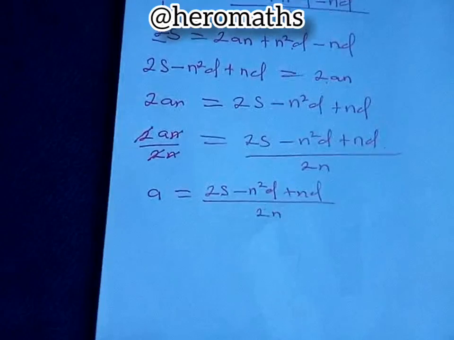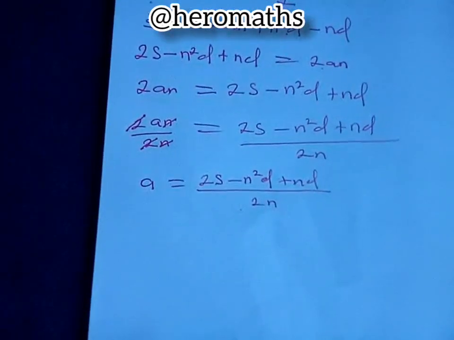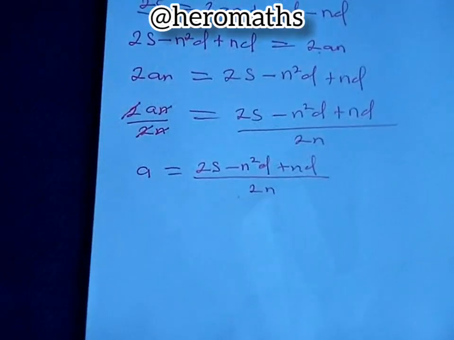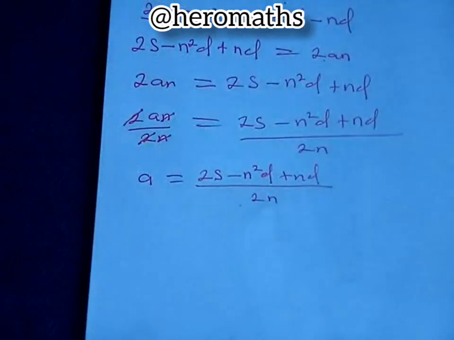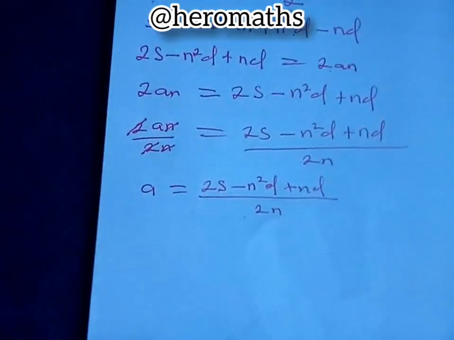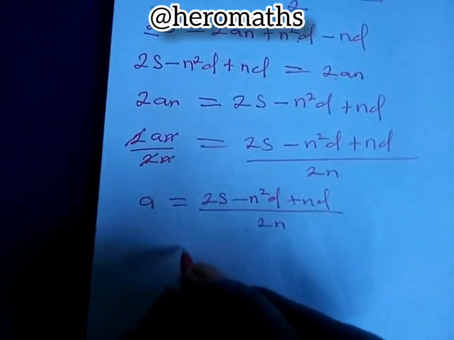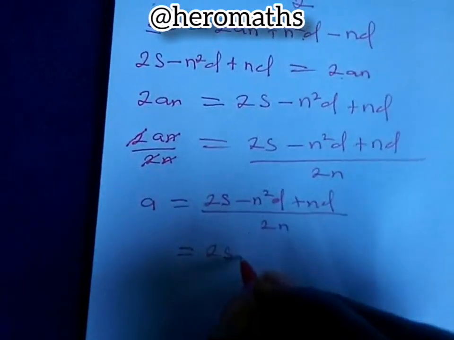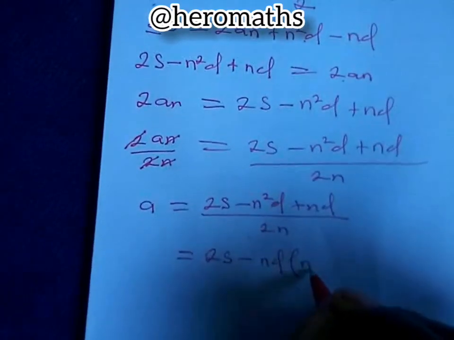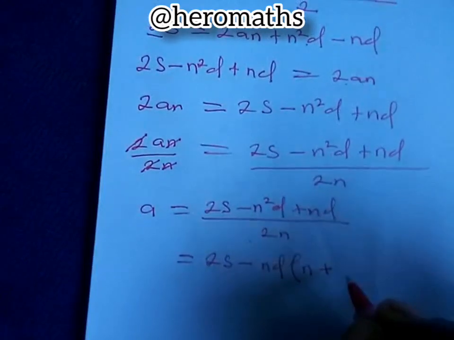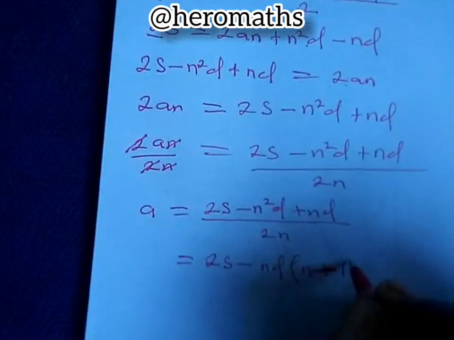Though a is standing on its own, if you look at the front, we can still factor something. So let us see how we can do the factorization. What is common here and what is common here? n is common, d is also common, so we can have this as 2s minus nd open bracket n minus 1.